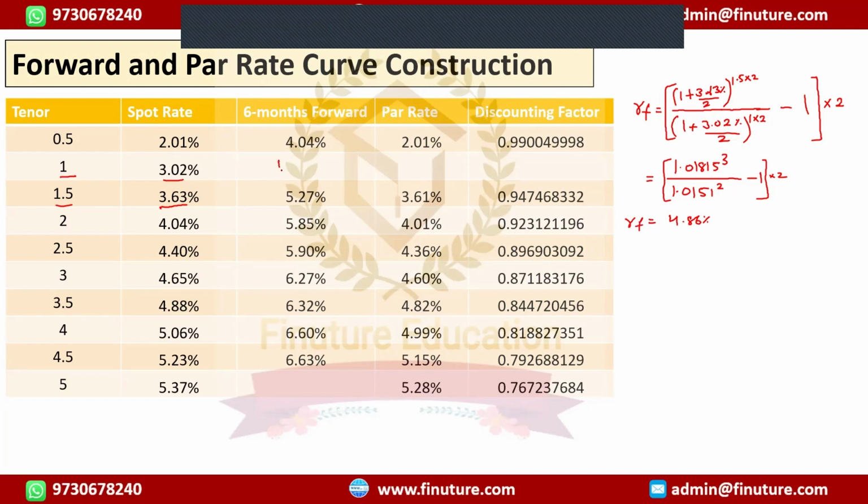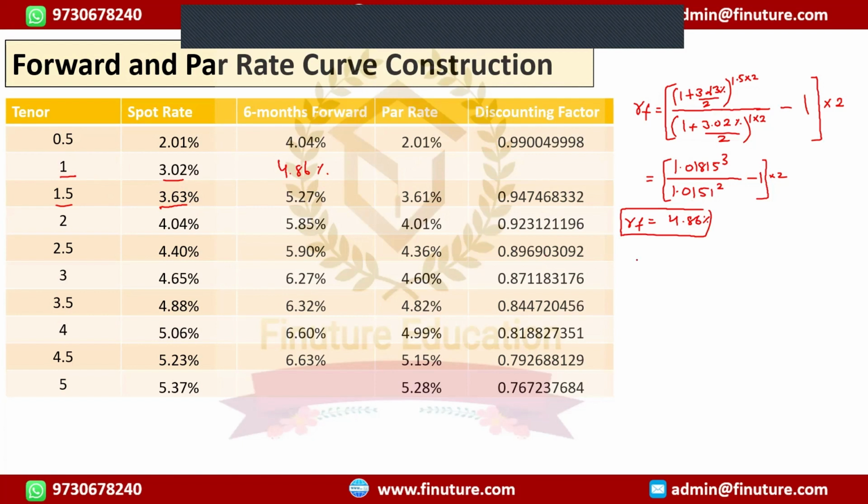So this is 4.86%. And if we were to calculate par rates, it's a bit tricky. For par rates, you need the discounting factor. For maturities before, say for example, if I were to calculate the 1 year par rate, I will need all the discounting factors before 1 year maturity. For 0.5 years, we already have the discounting factor.